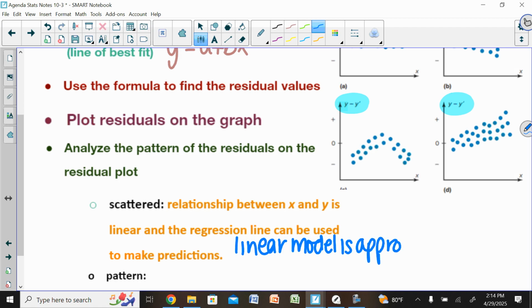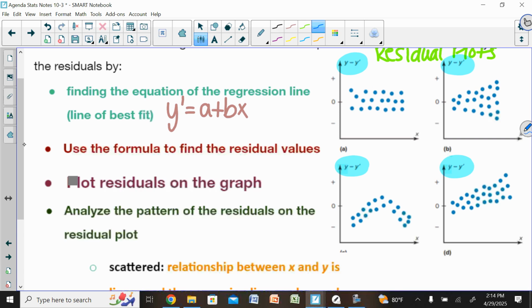So when I look at these 4 examples that I've got up here, this one is the best scattered that I can find. So I would say that this would be a linear if I looked back at my original scatter plot.